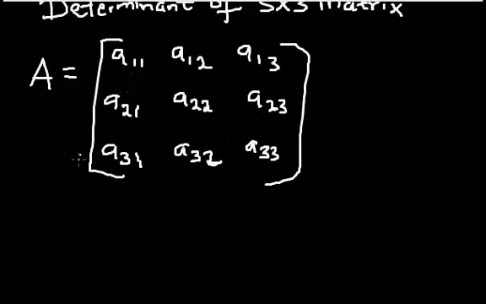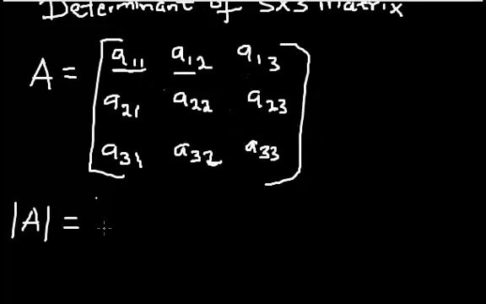Now let me tell you what I mean. So let's start. The determinant of this matrix is going to be equal to 2 by 2 matrices, where the elements of the first row are their scalar products. The scalar product is the number that multiplies the 2 by 2 matrix. Okay, so let's see how that happens.